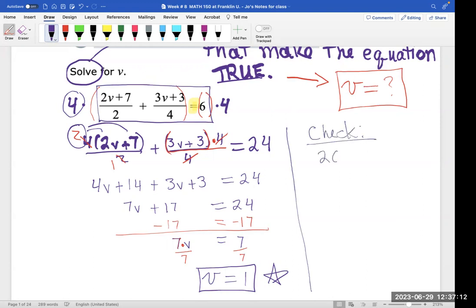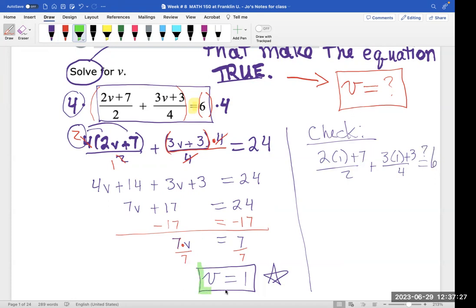I have 2 times 1 plus 7 over 2, and I add that to 3 times 1 plus 3 over 4. Will that in fact equal 6?